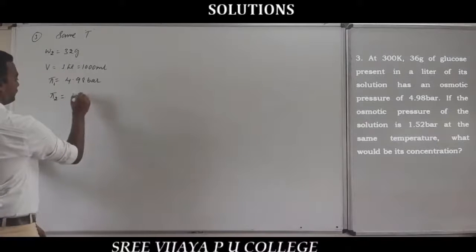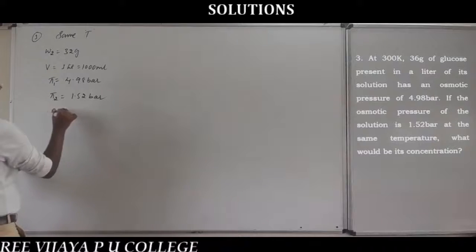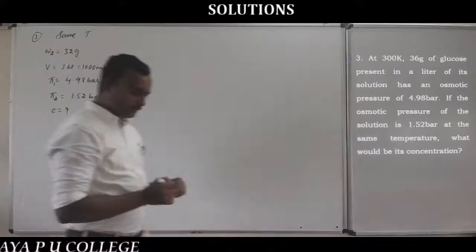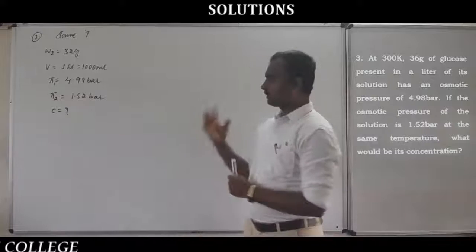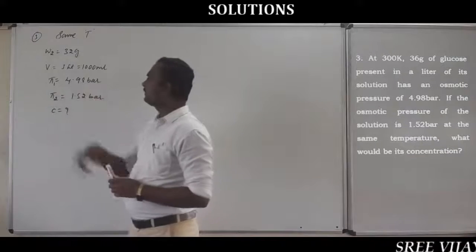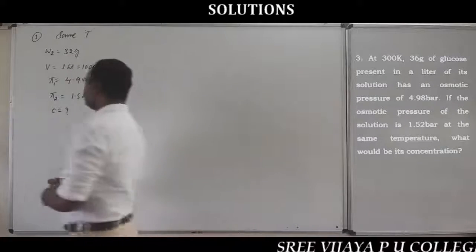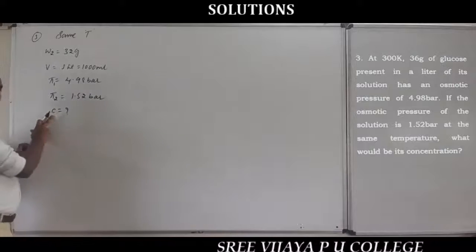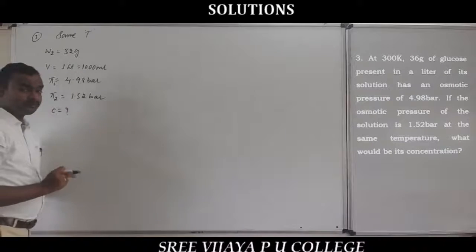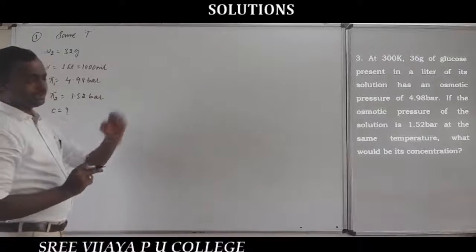At that time, they ask what the concentration will be. This is very simple. Pi 1 is 4.98 bar, W2 is 36 gram, and the volume of solution is 1000 ml. We have to find the concentration when pi 2 is equal to 1.52 bar.